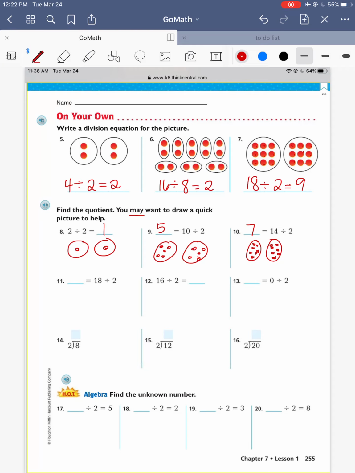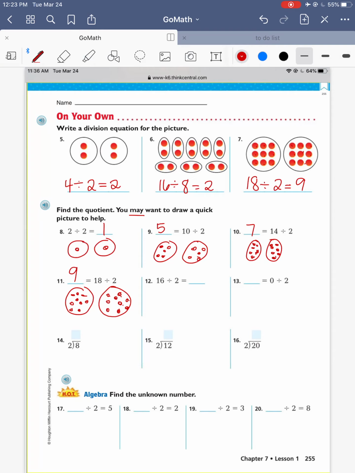So 14 divided by 2 is 7. 18 divided by 2. 1, 2, 3, 4, 5, 6, 7, 8, 9, 10, 11, 12, 13, 14, 15, 16, 17, 18. Means I have 1, 2, 3, 4, 5, 6, 7, 8, 9 in each group.